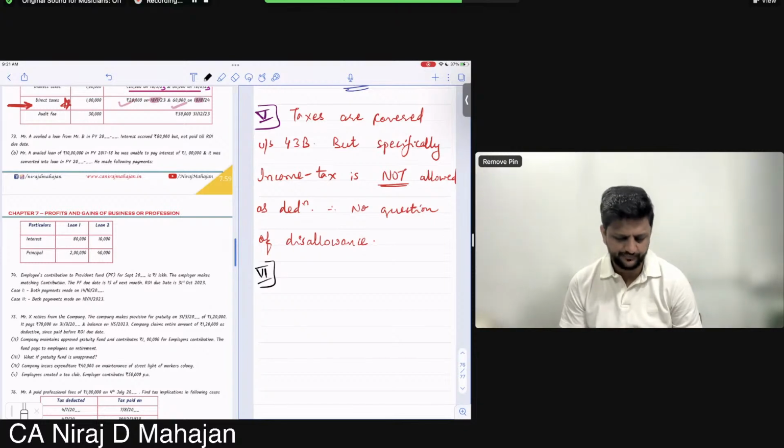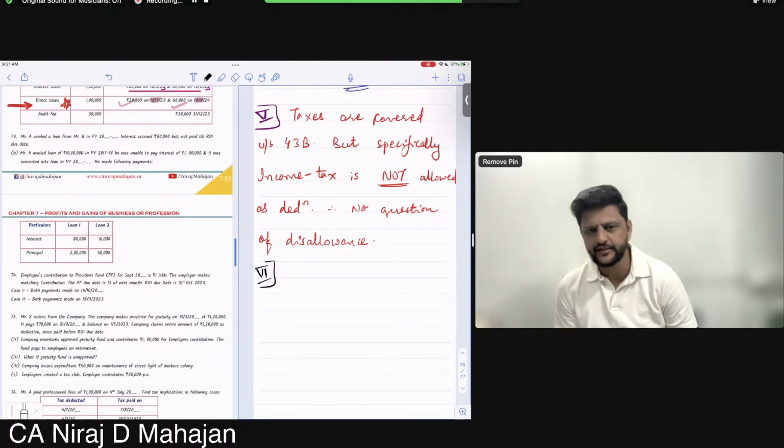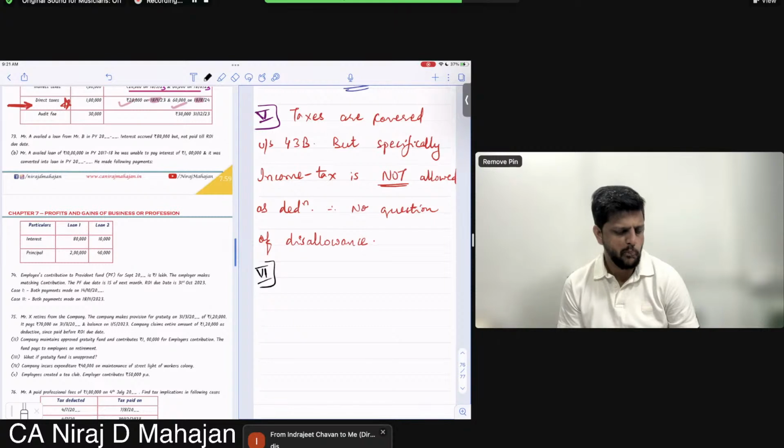Sixth one, audit fees. Paid on 31st December 23. Okay, Indrajit.